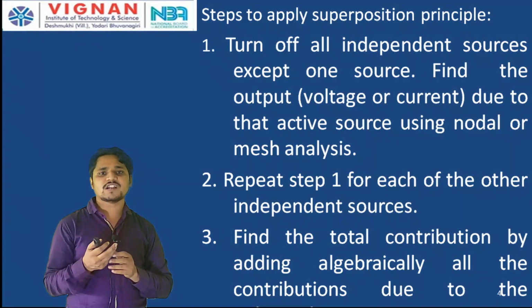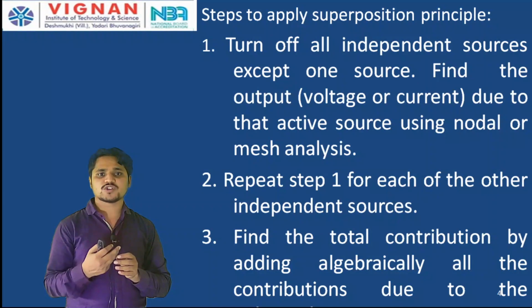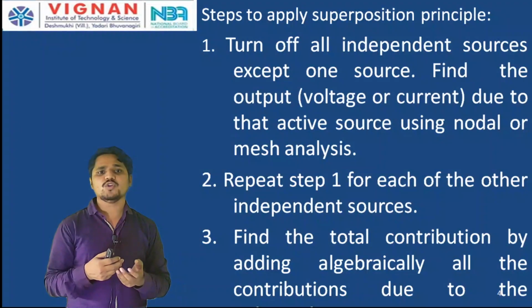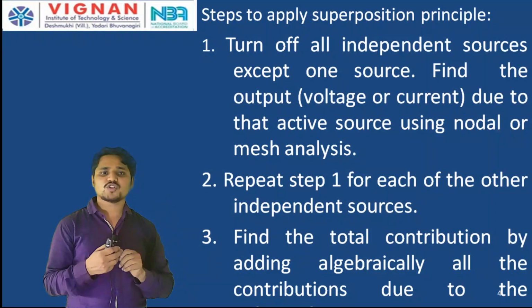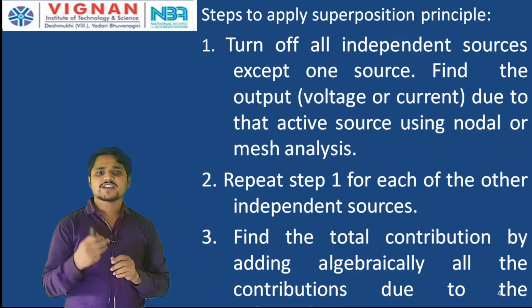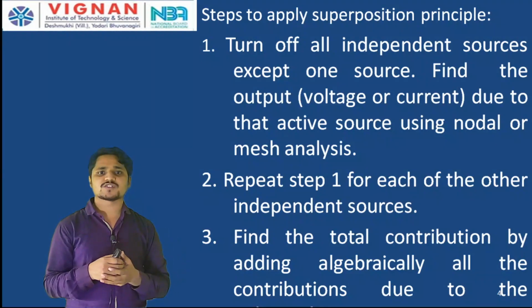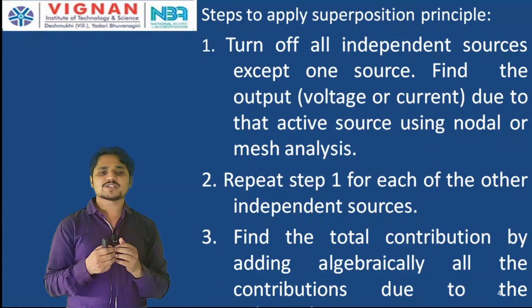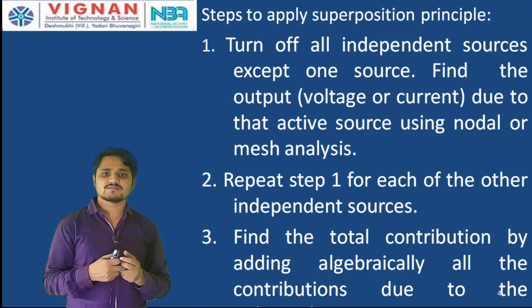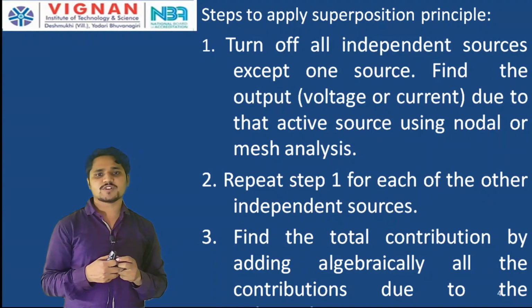Killing means the voltage source is replaced by a short circuit and the current source is replaced by an open circuit. In the next step, we kill the first source and the second source is acting alone, and we find the response. Now, in the third step, we add the two individual responses, which will give you the whole response of the network. That is the principle of the superposition theorem.